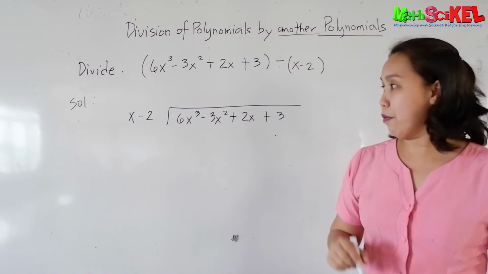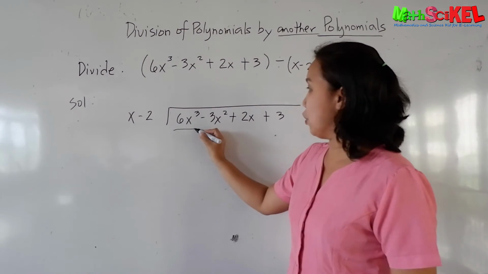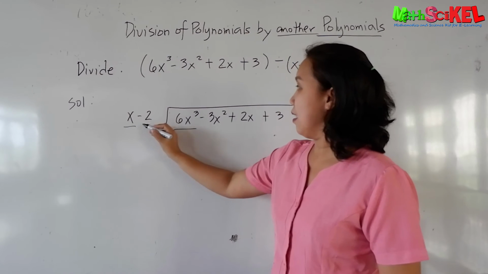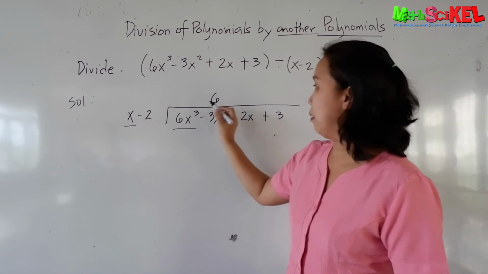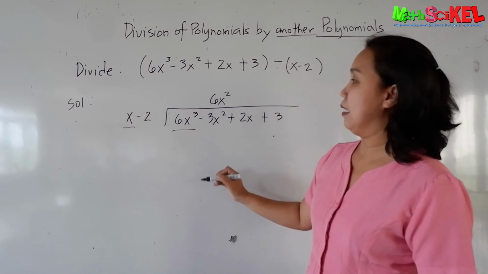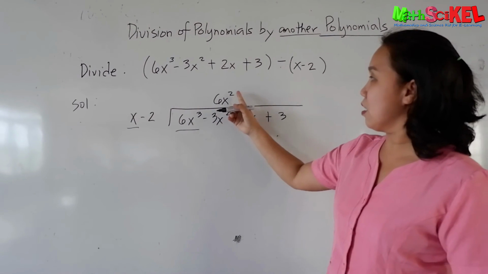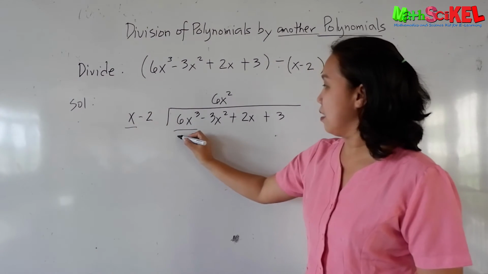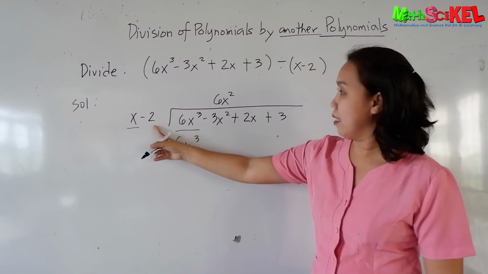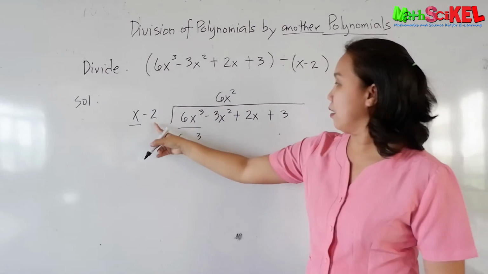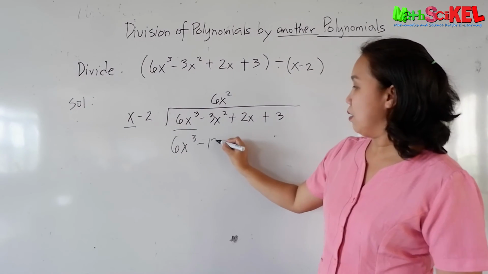So let's repeat the process. 6x cubed divided by x is only 6. x cubed divided by x will become x squared. Then multiply. 6x squared times x is 6x cubed. Then multiply it by the next term. 6 times negative 2 is negative 12.